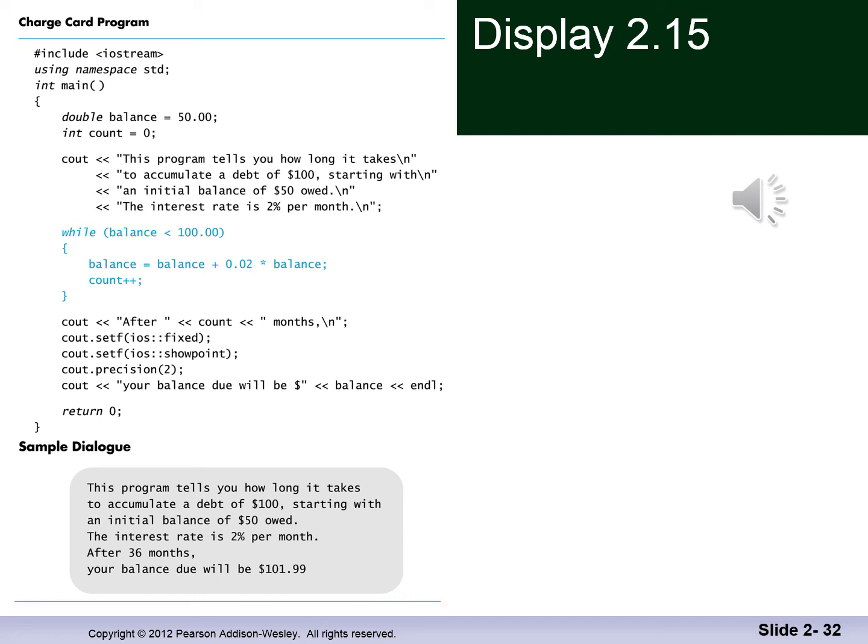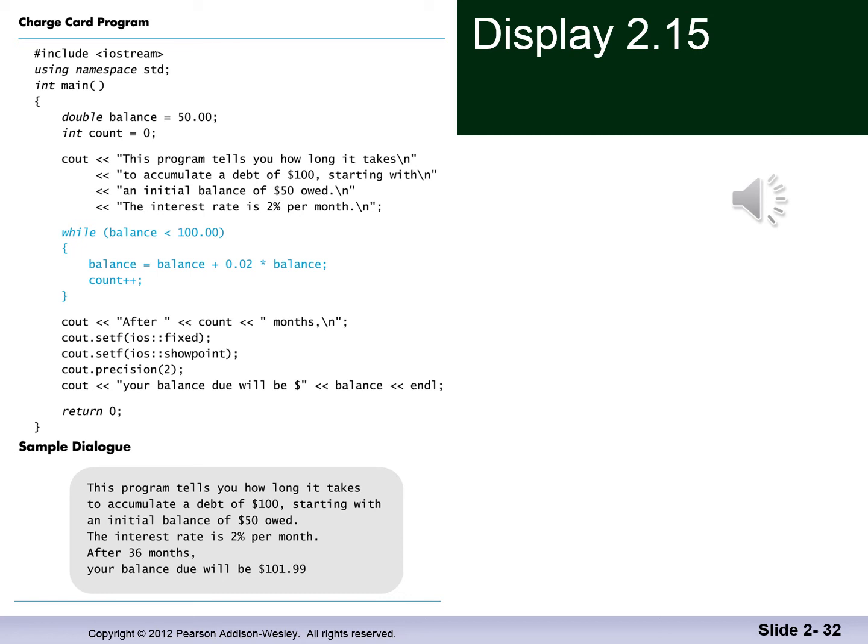And we use our setf statements to designate fixed point notation to show the decimal point and 2 decimal places to the right of the decimal point. Don't worry about those. We'll see them 100 times. I'm not going to ask you to memorize them. And then cout, your balance due will be, and then the balance.